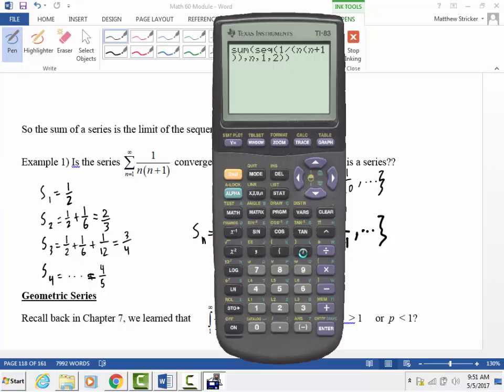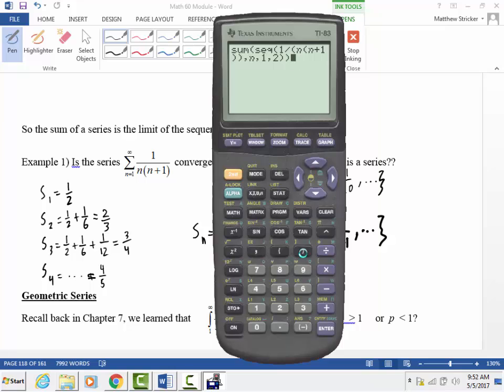This sequence is 1 over n times n plus 1, and for that sequence, we're going to allow n to go from 1 to 2. So how many terms is that going to build us? 2 terms. And then that parentheses is to close the building of the sequence. And then this sum needs another set of parentheses. We're going to add up those 2 terms.